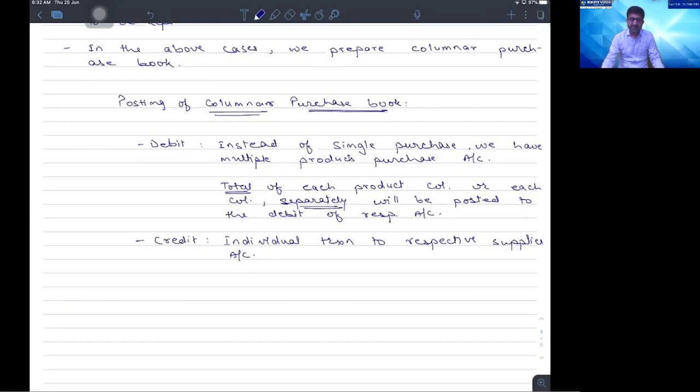What I would suggest today is you go back when you start doing your studies, especially related to the basics of accounts or the accounting part, whatever we have finished already. You just run through it and try to observe what are the things that are troubling you the most.